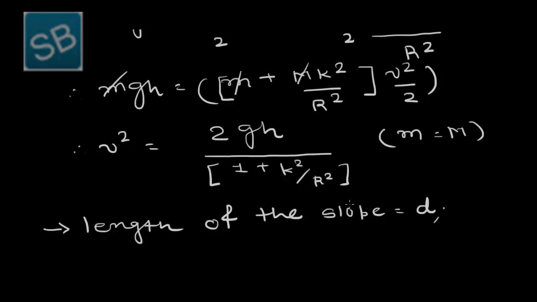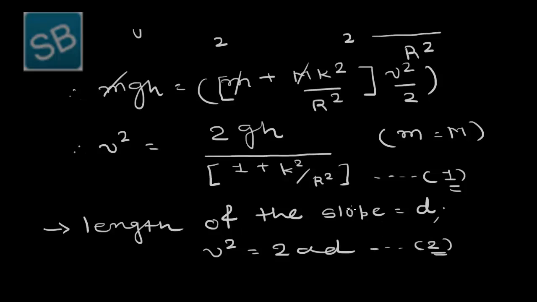Then what happens? The body starting from rest moves with the linear acceleration, and its velocity is given by v square is equal to 2ad.